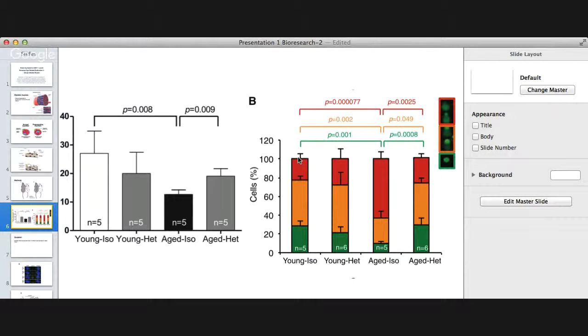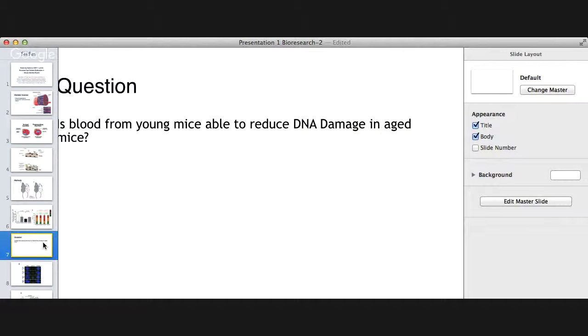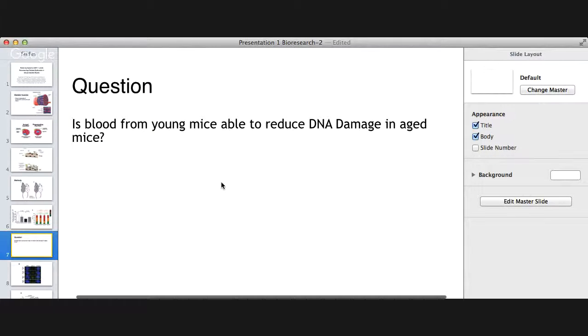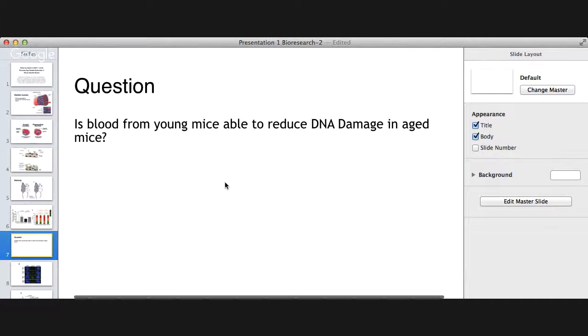This up top is the senescent cells of where it's aged and the amount of damage that it definitely does have. So the question is, does figure C show that this is true?